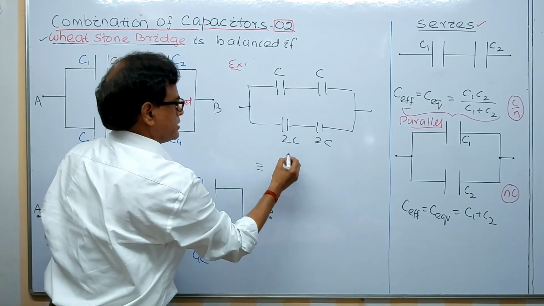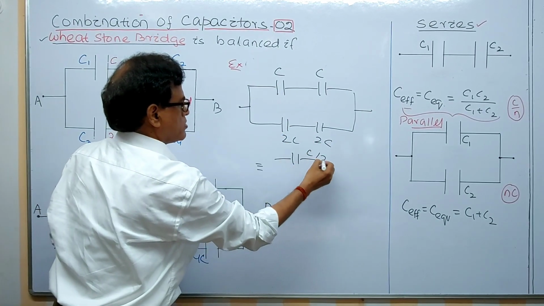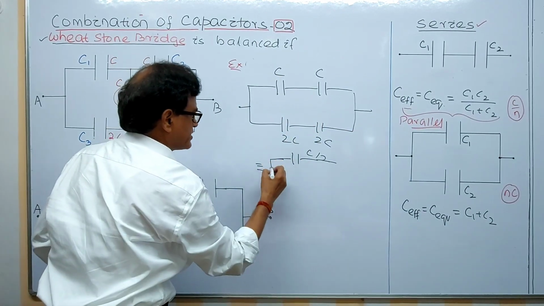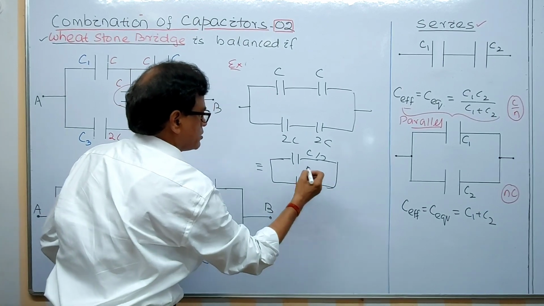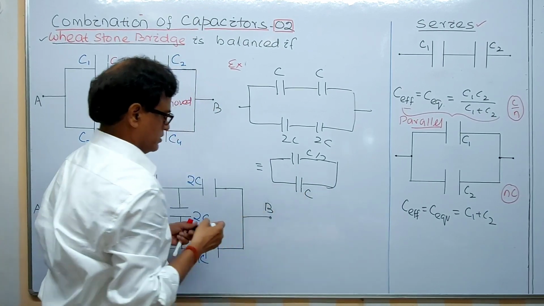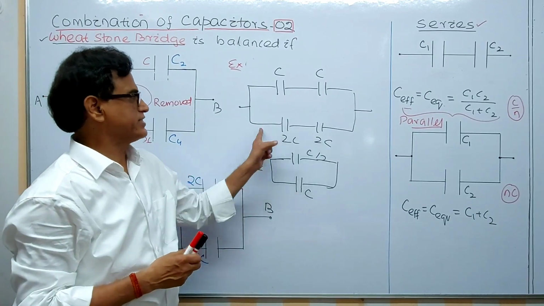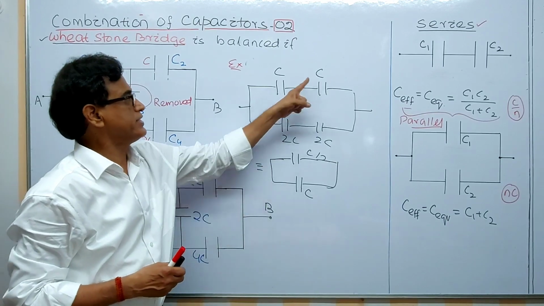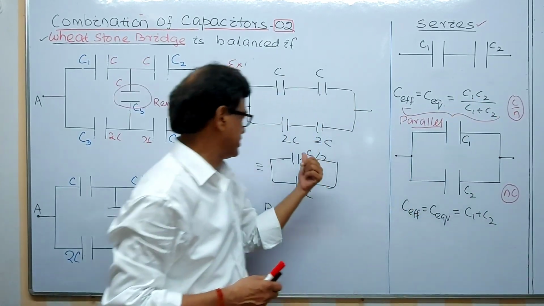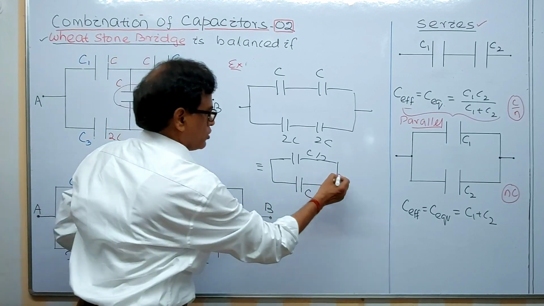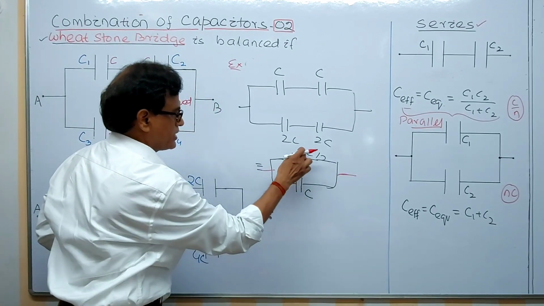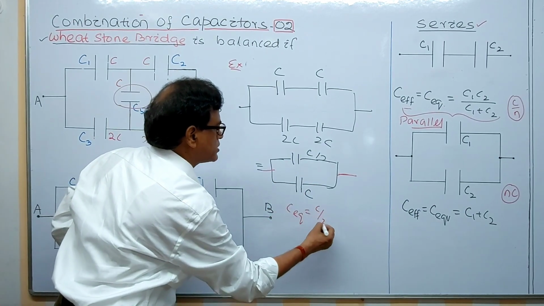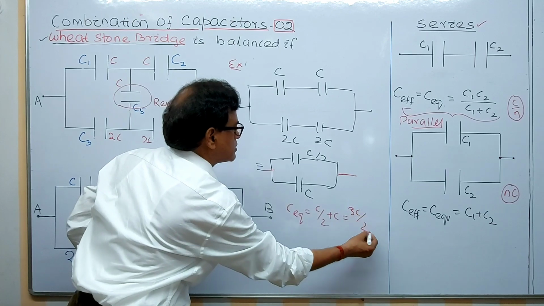CC in series gives C by 2, applying the formula C by N. Now 2C, 2C in series gives you C, because 2C by 2 is C. This C in series with C gives C by 2, and this C by 2 between the terminals is in parallel with the other branch. That's why the equivalent capacitance is C by 2 plus C, which is 3C by 2.